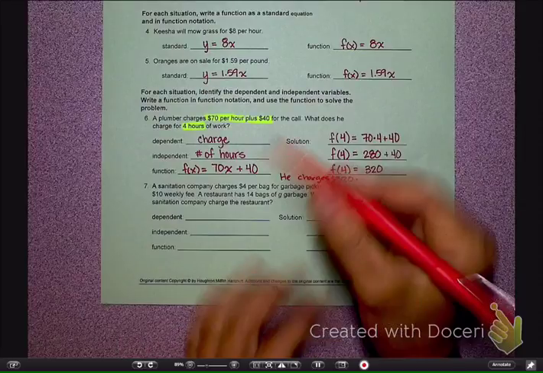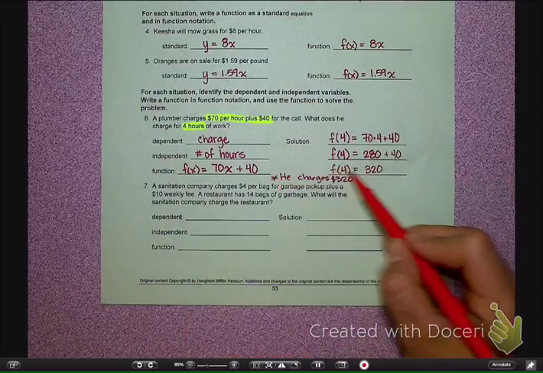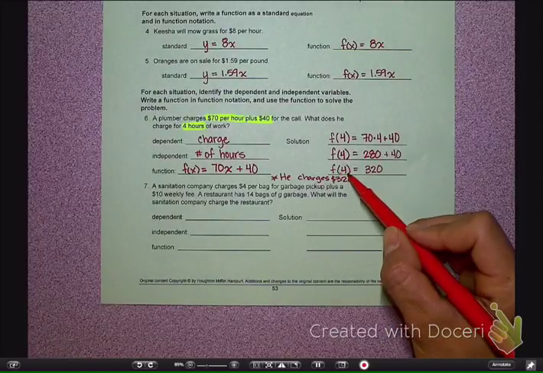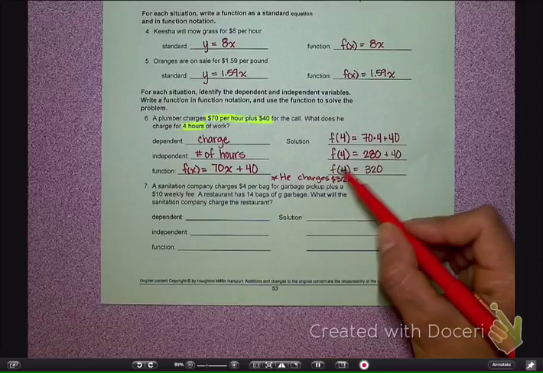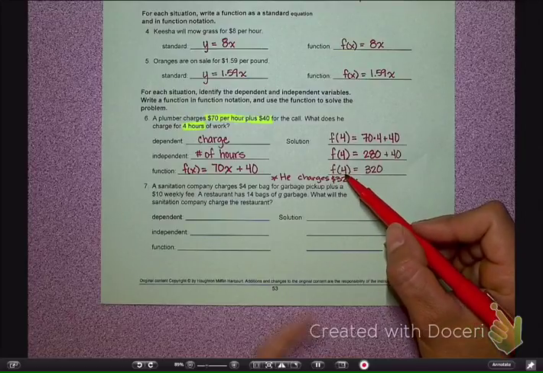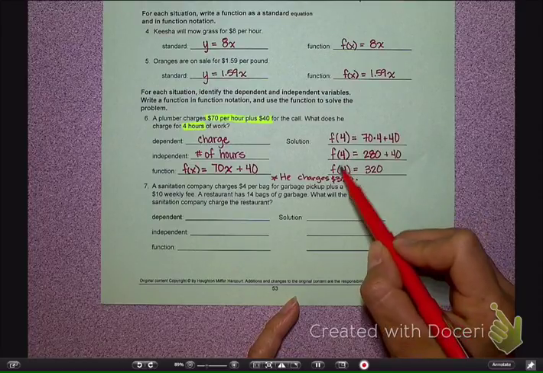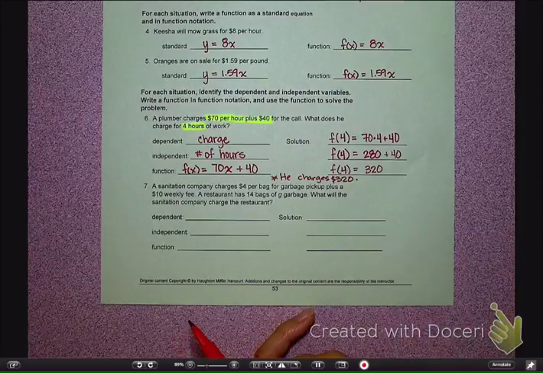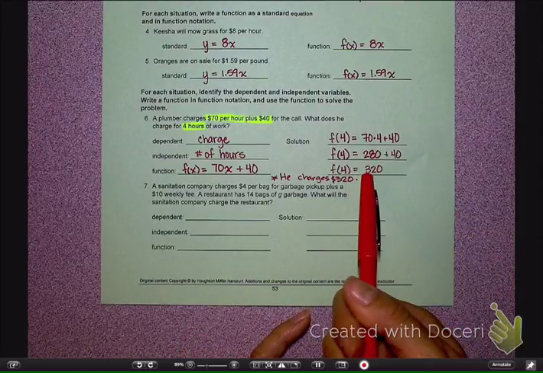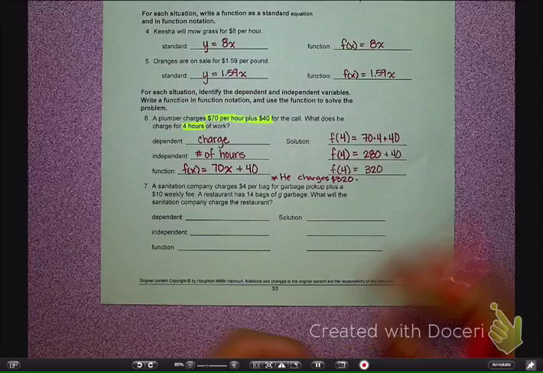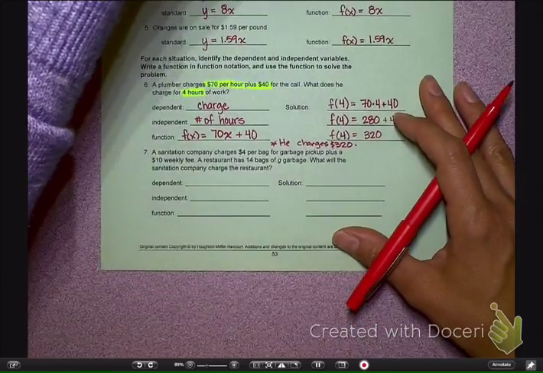Now some boys and girls see this part and think they need to divide by 4 at the end to get rid of the 4, or they need to do something with that 4. Remember, this does not mean f times 4. It's just saying when there are 4 hours in this function, the total amount is 320. You can leave it like this at the end. You don't need to get rid of the 4, you just leave it alone.